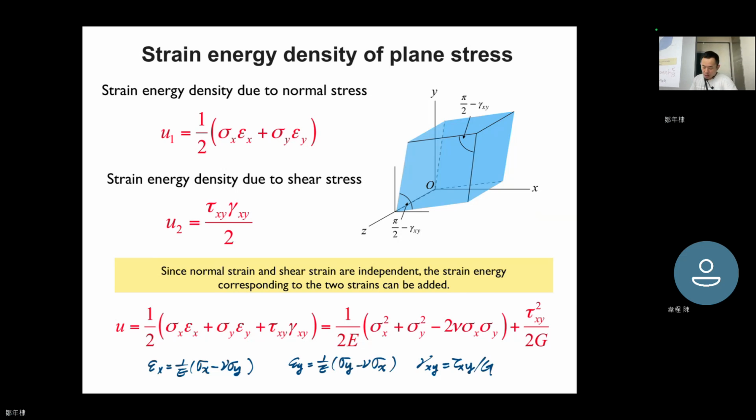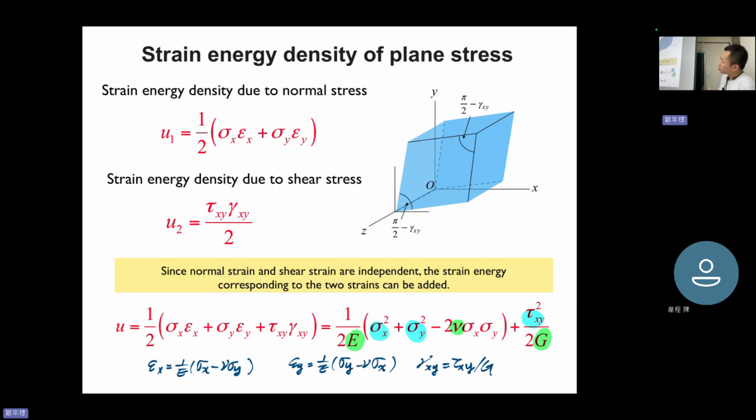The green highlight is material properties. And the blue, sigma x, sigma y, and tau xy, is the problem. The problem will give you the current state of the stress element.